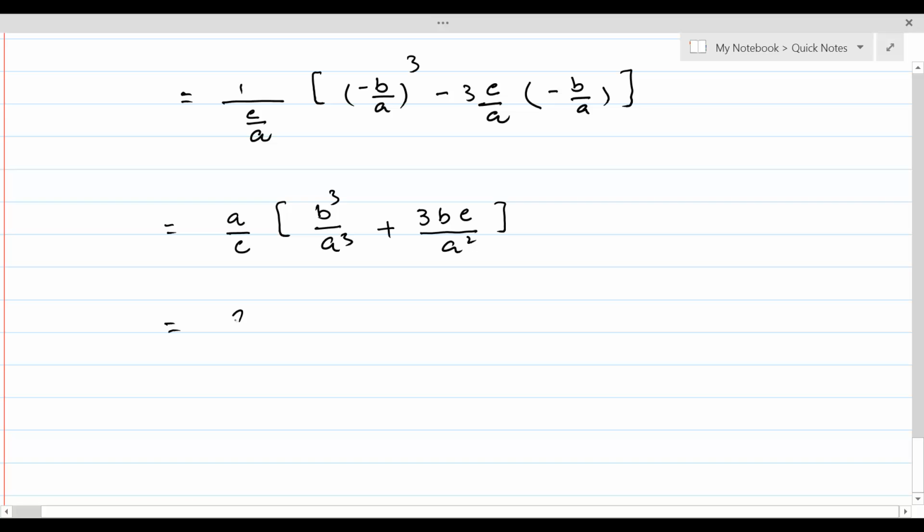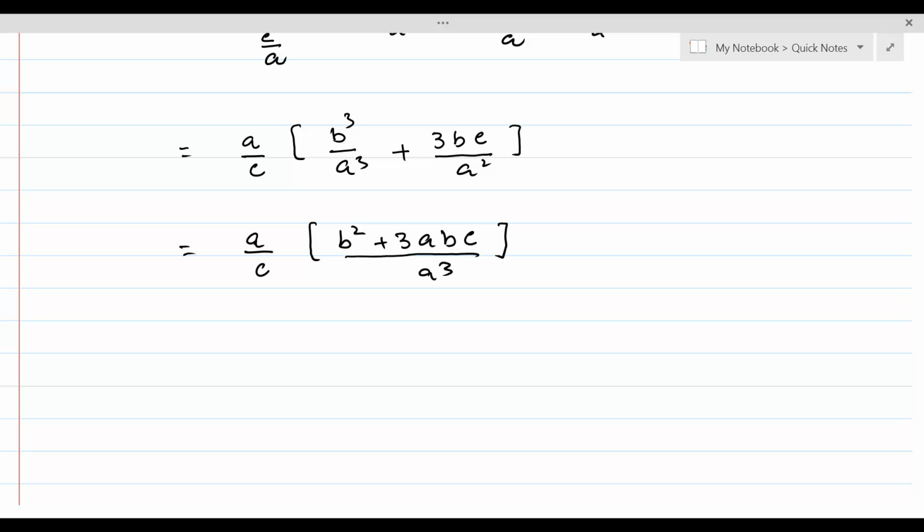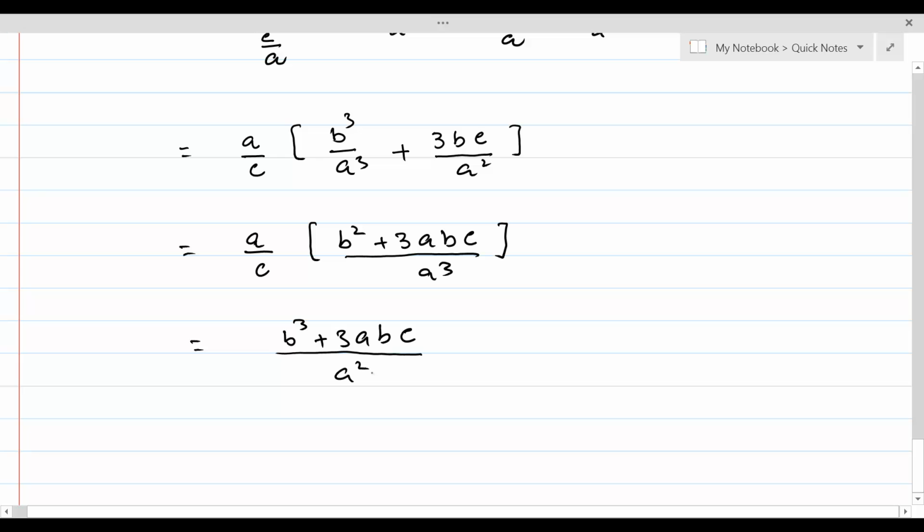This will become a over c into b cube plus 3abc over a cube, and we can cancel out the a which is outside. This will give us b cube plus 3abc over a square c.